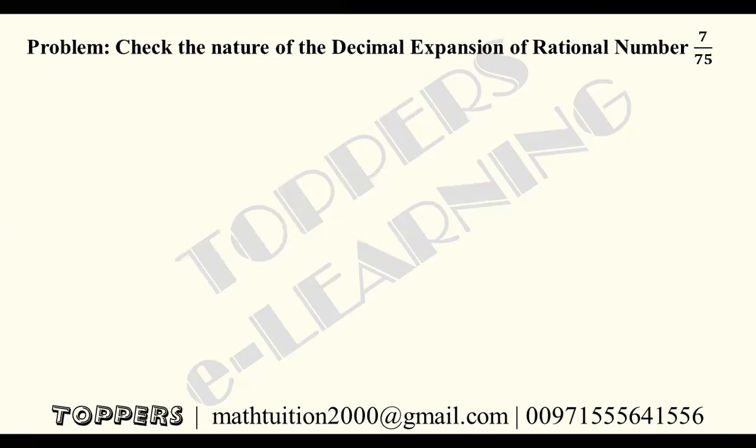Check the nature of the decimal expansion of the rational number 7 by 75. So what is the first step? Let's simplify into the simplest terms. If anything is common in 7 and 75, we can simplify. Nothing is common, right?